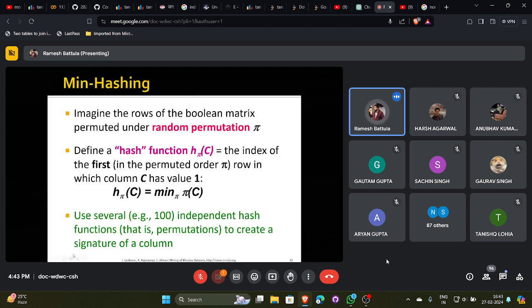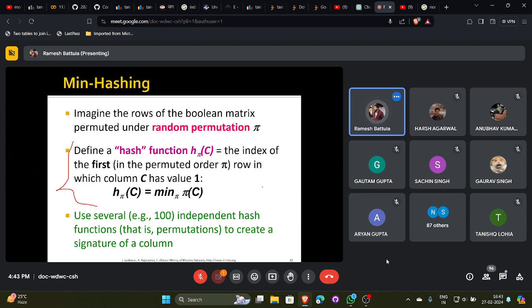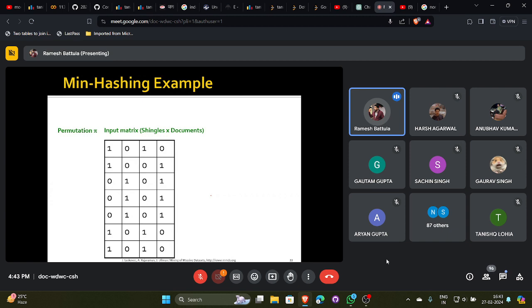Everybody needs to keep this statement in mind. It is the index of the first row, in the permuted order pi, in which column C has value 1, and we treat that as our hash of pi of C, which is min pi of C. Once you understand this, we will come to this example. We have the binary Boolean matrix, and we need to use a permutation pi.